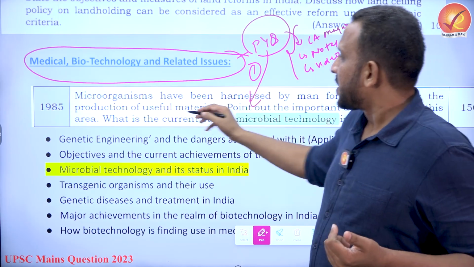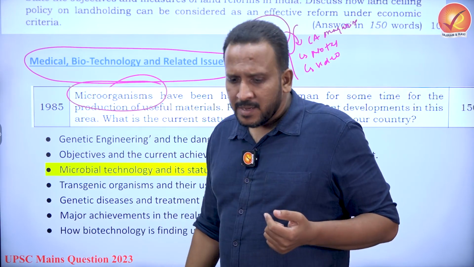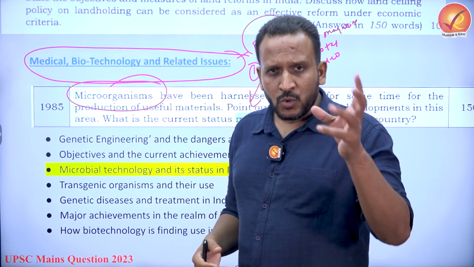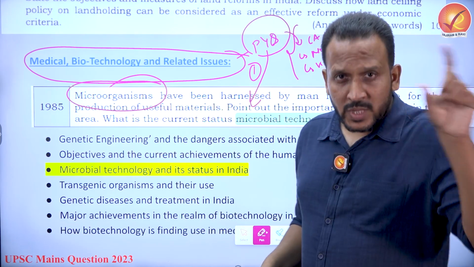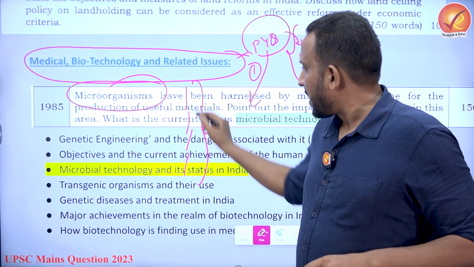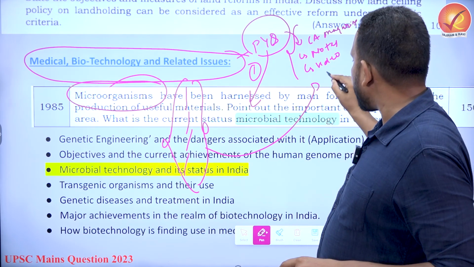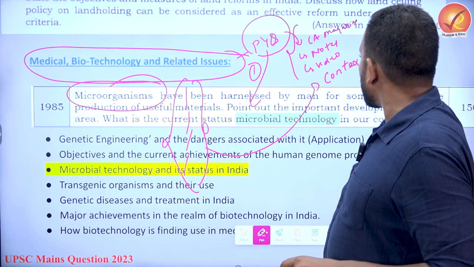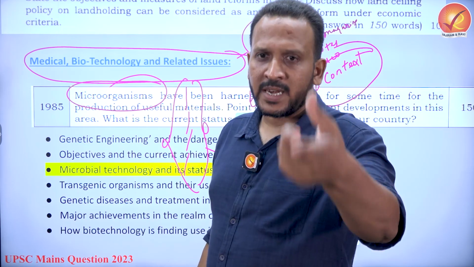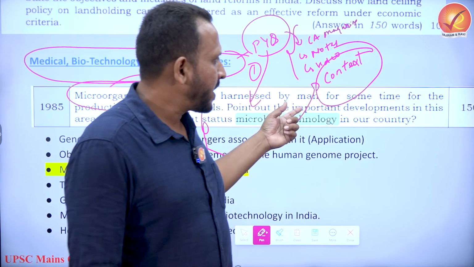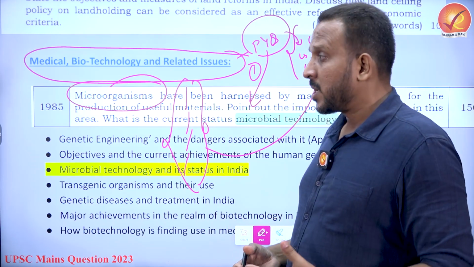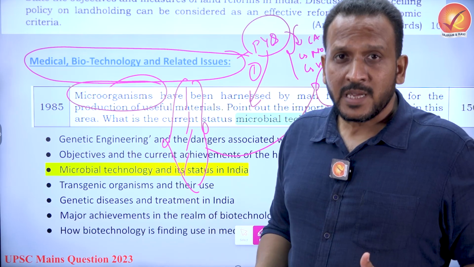So the best way, which will not take much time: go on Google, search for microorganism or developments related to microorganism, go to the news section. News ke section mein jao. Pick up the top 5-6 news and you will get the context. Sometimes microorganisms are being used for fuel, sometimes for waste management.